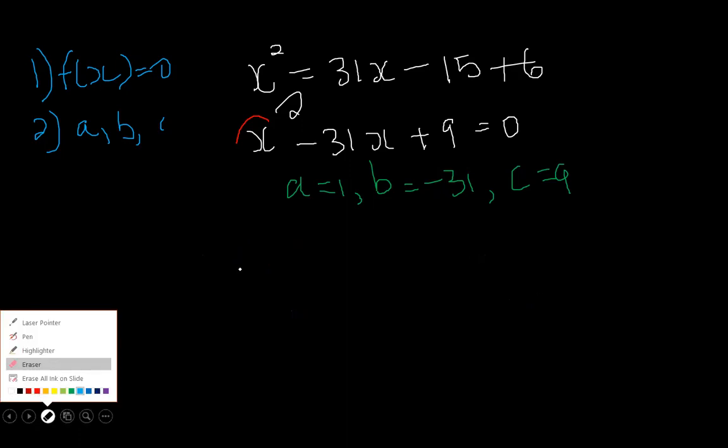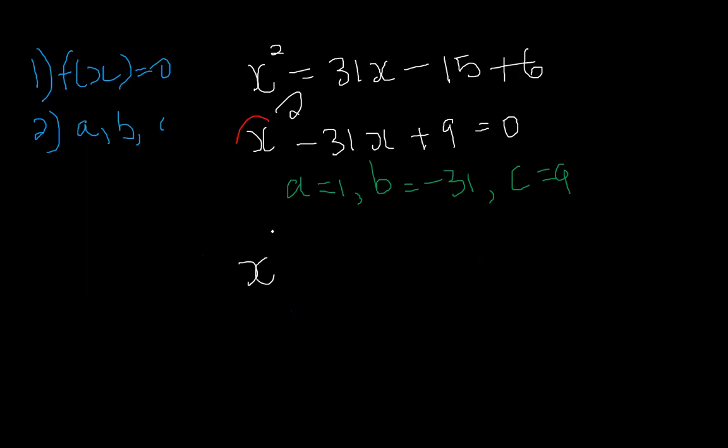Look at this. Unless you're confident in your math skills, do not do what I am doing. Take it step by step. Right, let me show you this. Minus 31x. So I brought across the 31. And then I brought across negative 15, so it becomes positive 15. Positive 15 is equal to positive 6.